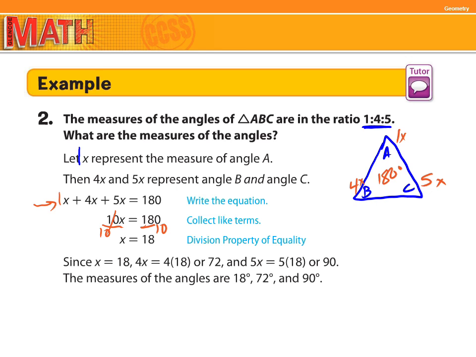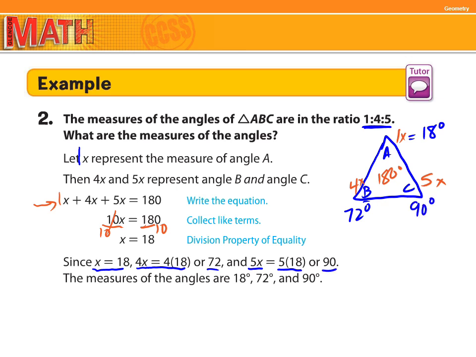So now we know that angle A is 18 degrees, so x is equal to 18. Then we take 4 times x, which is angle B, replace x with 18, and get 72 degrees. We do the same thing with 5x: 5 times 18 equals 90, so it's 90 degrees.